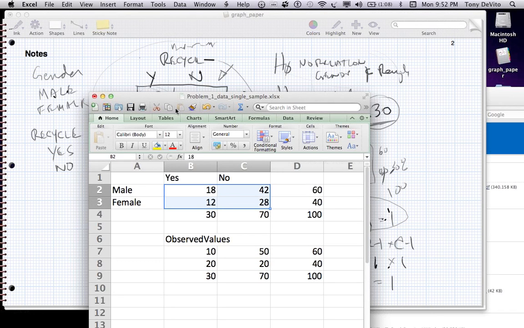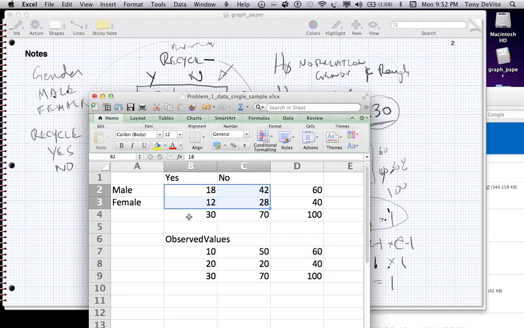So it's important for us to know what's the probability, if this null hypothesis is true, that there's no relationship between gender and recycling, that I'll get something that's so different from my expected values. The way that we calculate that is we calculate a statistical function called chi-square.